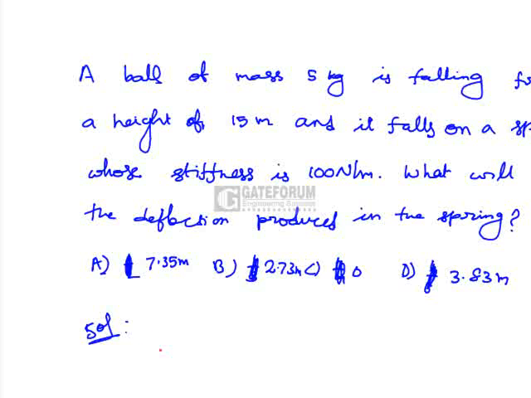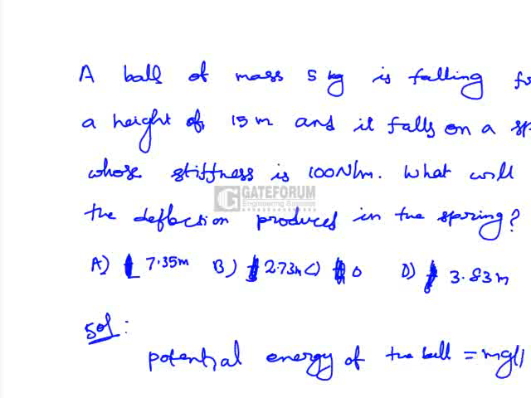Let us say the potential energy of the ball is given as mgh, which is equal to, here the mass of the ball is 5 kg and g is 9.81 and into 15 meters, which is equal to 735.75 Newton meter.